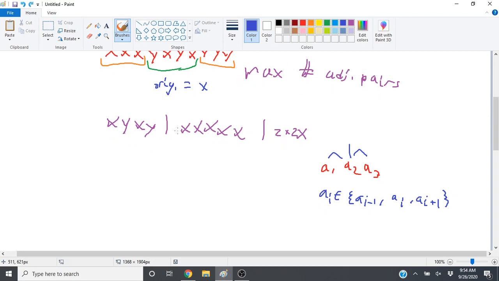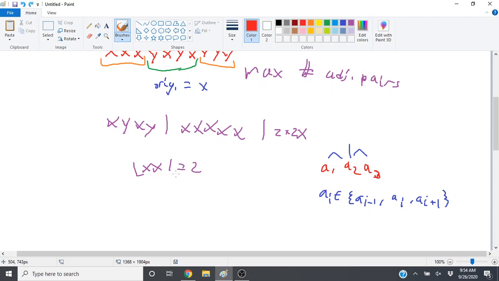So now we only have to show that this streak of x's and all other streaks of x's, analogously, are also one of these 3 elements. Okay, now let's say the length of this is 2. We still want an assignment that maximizes the number of adjacent pairs.